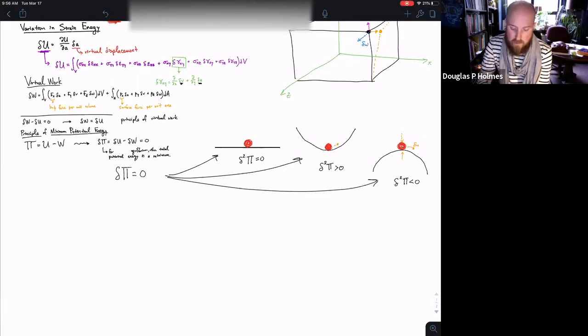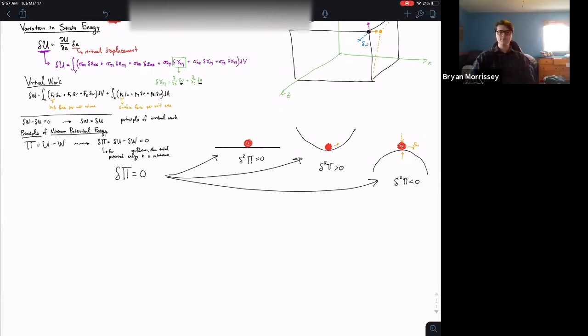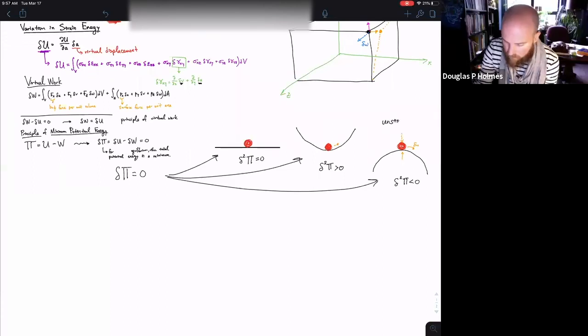So equilibrium is determined by the first variation of your total potential energy. Stability is determined by your second variation. In equilibrium, you're not going to have a negative value here, but in stability, you may. And if you do, you're unstable. Let me write that down just to be clear. Unstable, but still in equilibrium. So it's unstable equilibrium.